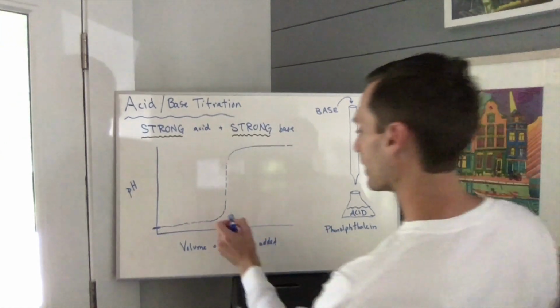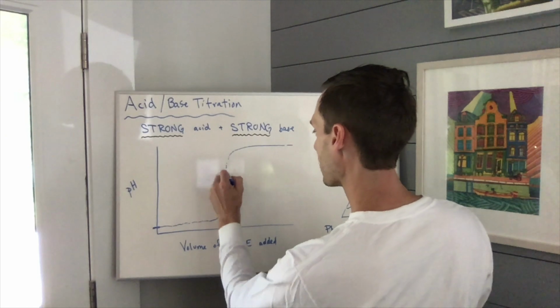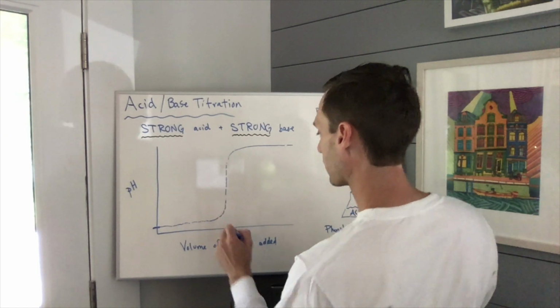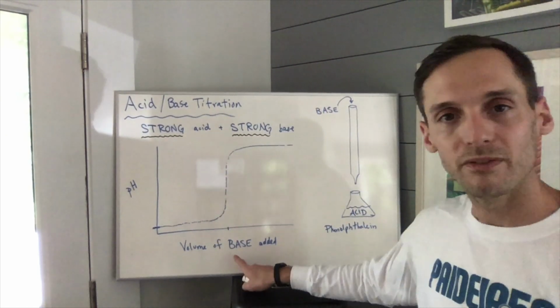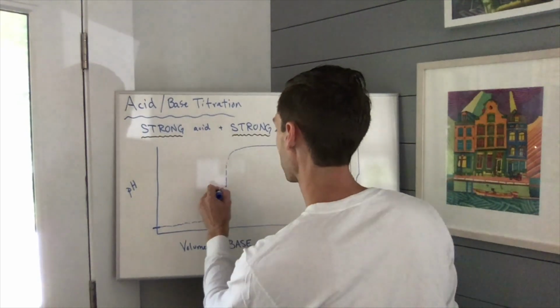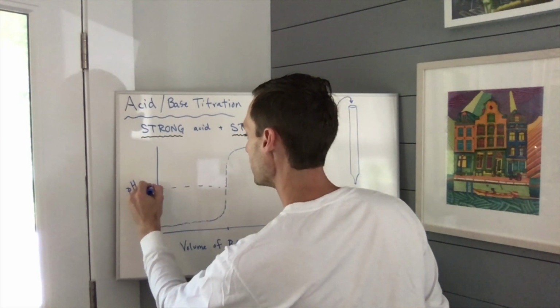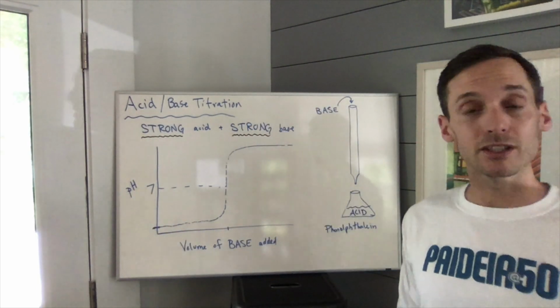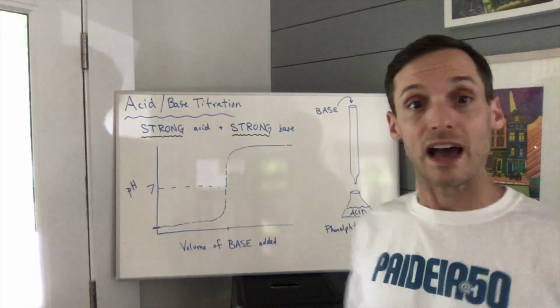Now, what this shooting up represents is the volume of base that is required to get to a pH of 7. It's to neutralize that acid.